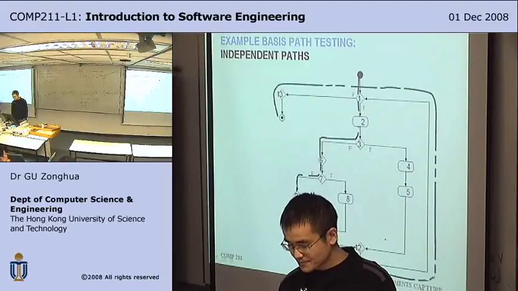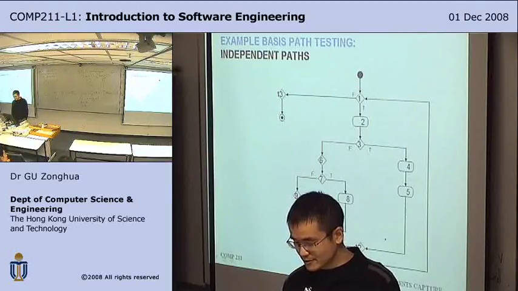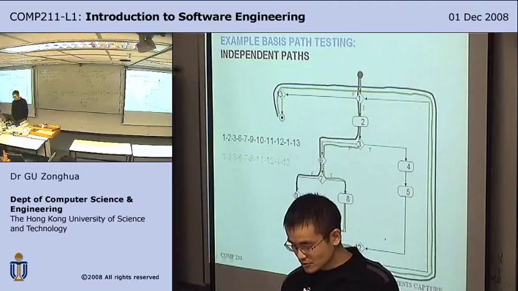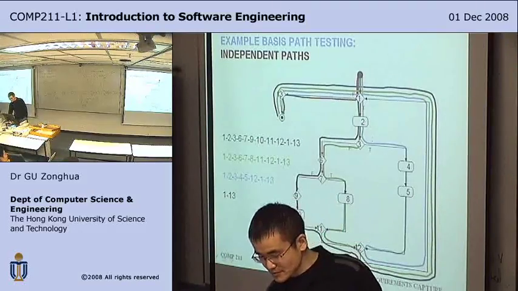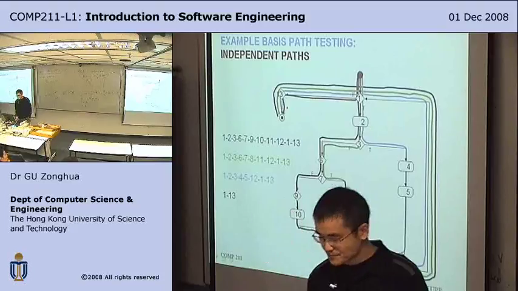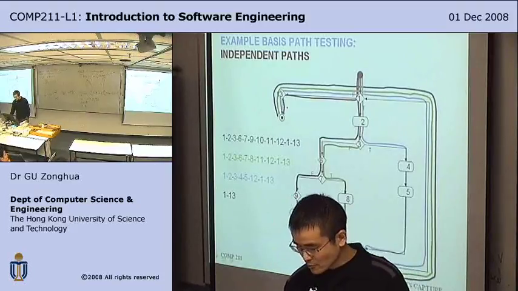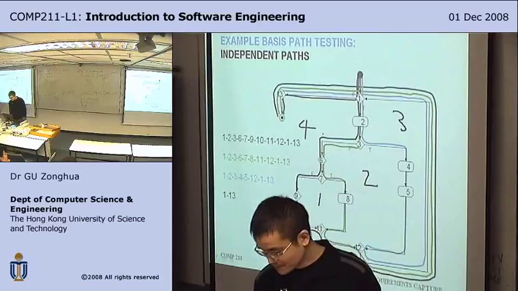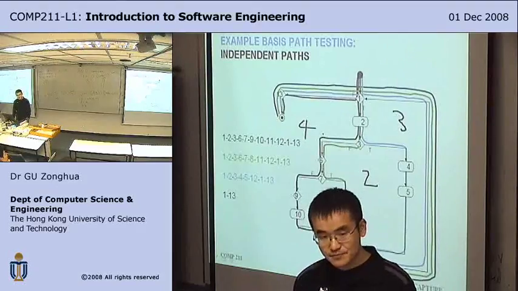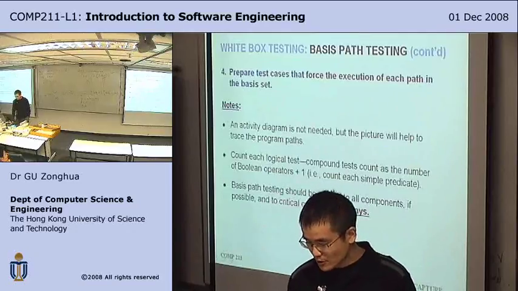Here are the independent paths: 1, 2, 3, 4. Cyclomatic complexity is also 4, with 4 regions, so they are equal in this case. You said it's an upper bound, so is it possible to be less than 4? Yes, we have an example where it's less.